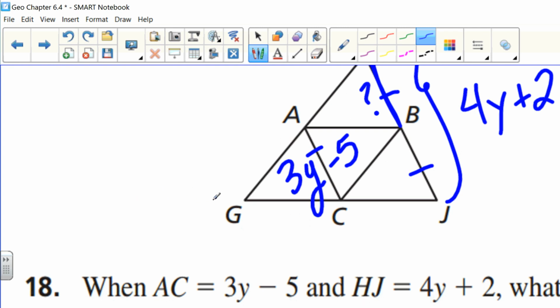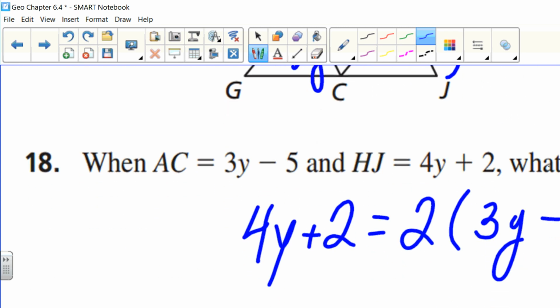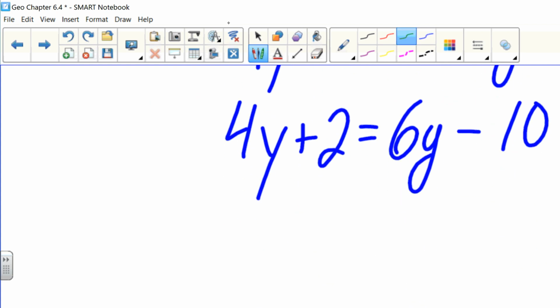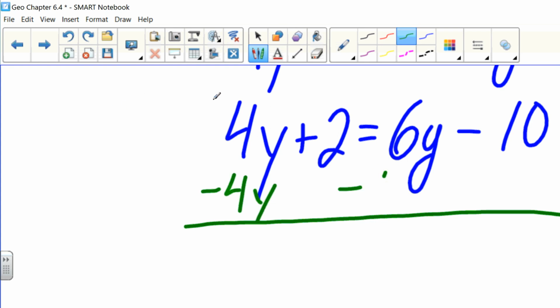And we know that the third side length is equal to twice the measure of the midsegment, which is 3y minus 5. So 4y plus 2 is equal to 2 times 3y, which is 6y, minus 10. And then we can subtract 4y from both sides.